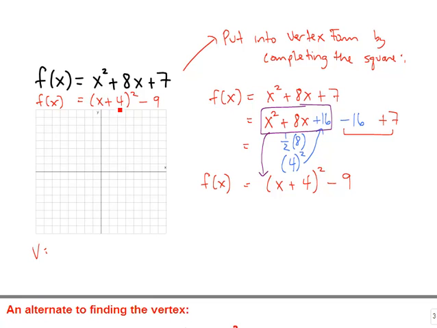The vertex is going to be the opposite of this number, so negative 4, comma, for the y value, the same number we have on the end, so minus 9. So if we plot that, negative 4, negative 9, which is just down here below my lines. I don't have a quite big enough graph. So there's my vertex, and now we want to graph some side points.